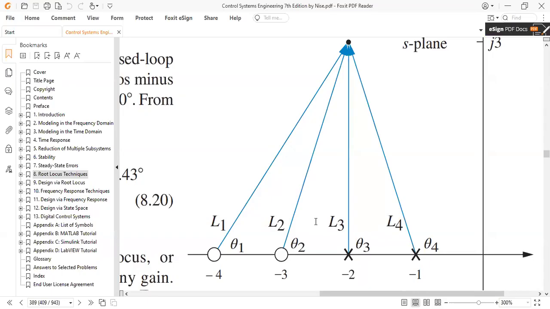So I want all of you to respond: what is the value of theta 3 then? In fact, I want you to tell me what the angle theta 3 is equal to. We are going to take angles from the positive x-axis always. Is only one student understanding, or everybody, that theta 3 is going to be equal to 90 degrees?